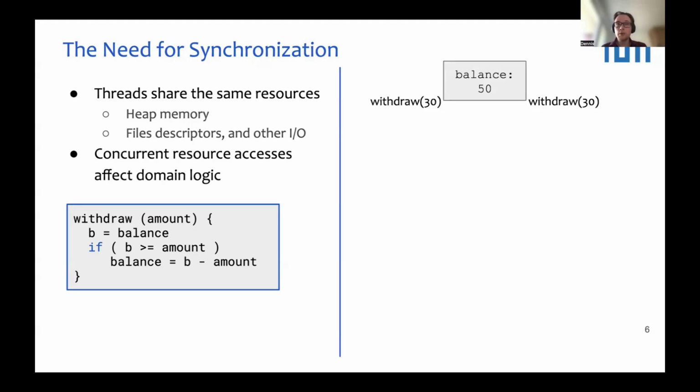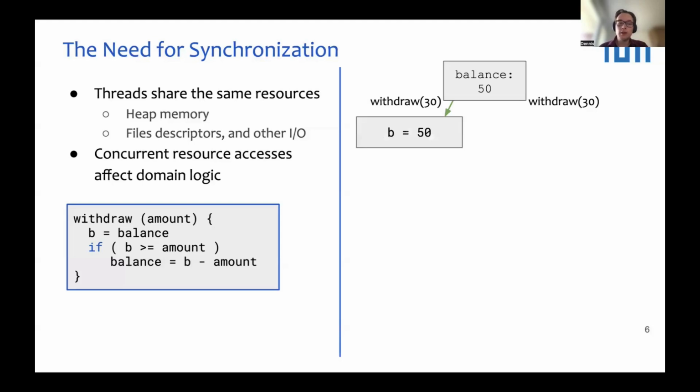As an example, we can consider two different threads trying to withdraw money at the same time. If our account only has 50 euros as its balance, which is accessible for both threads, and both threads want to withdraw 30 euros, that's clearly not possible by our understanding of domain logic, because if you have only 50 euros, you cannot withdraw 30 euros twice.